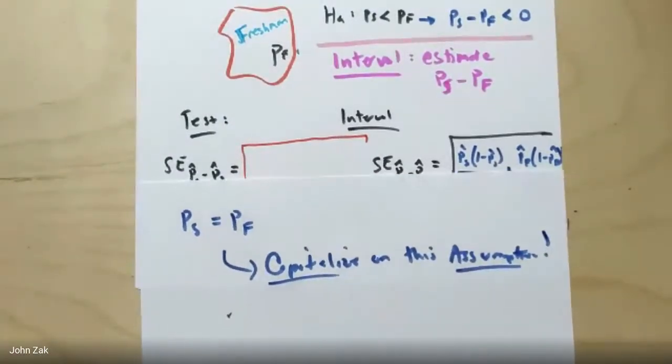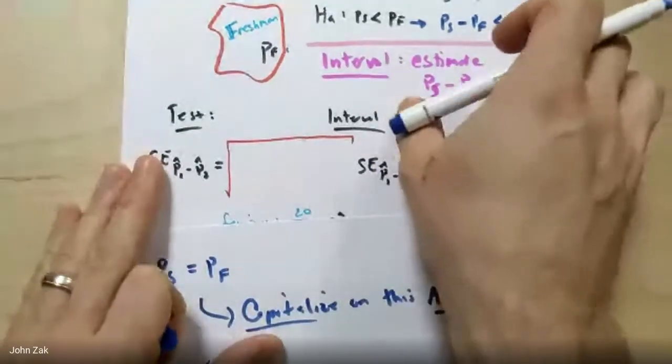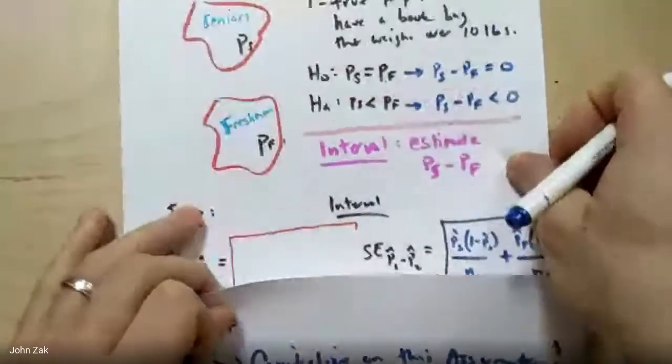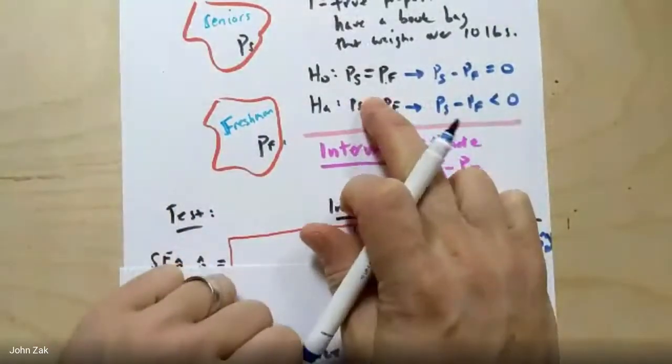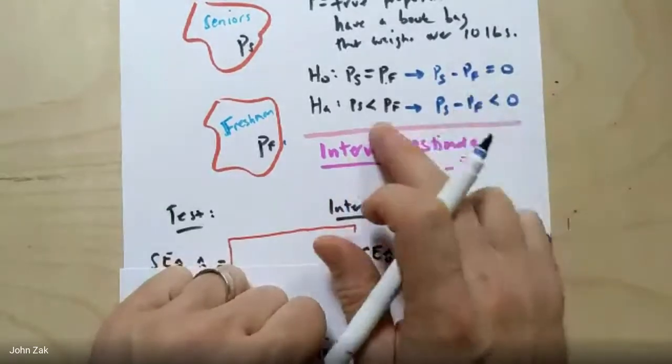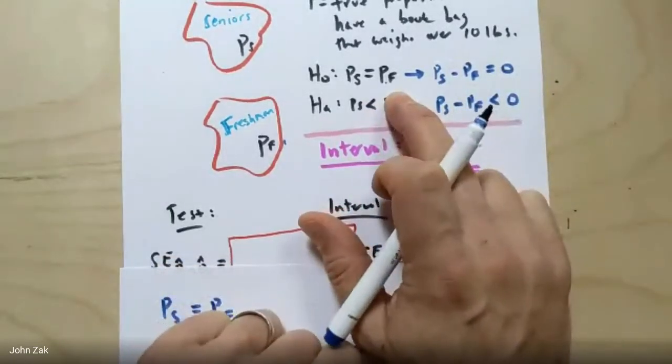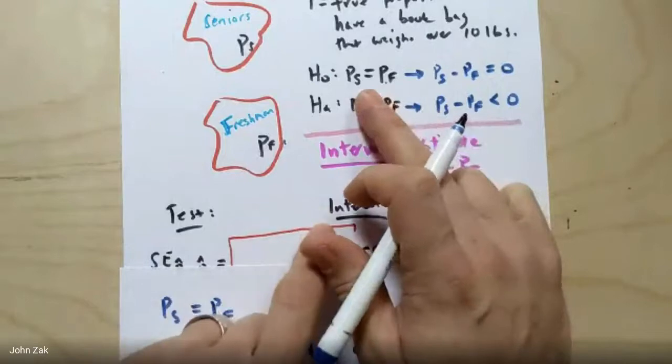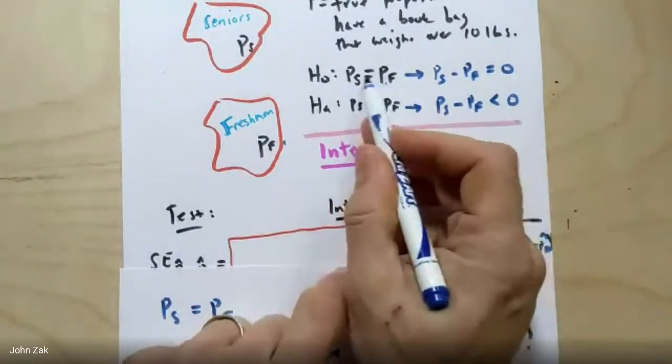What do I mean by that? Well, do you agree that when I'm doing this significance test, I actually don't care what proportion of seniors have a bag that's over 10 pounds, and I don't actually care what proportion of freshmen do. The only thing I'm trying to say is that it is equal.